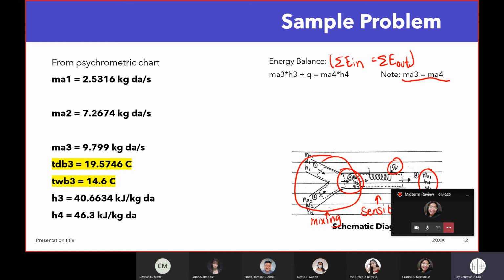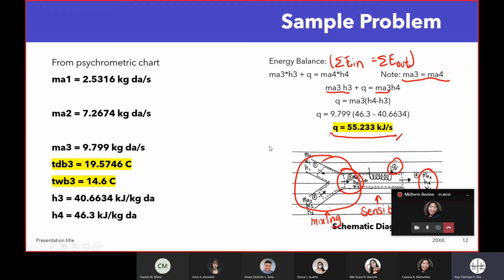Let's simplify the equation by substituting MA3 for MA4 and transposing to the other side to get this equation. Substituting the values, the heating required is 55.233 kilojoules per second. That answers what the problem asks for: the heating required, and the dry bulb and wet bulb temperature of the mixture after mixing. That is all. Thank you.